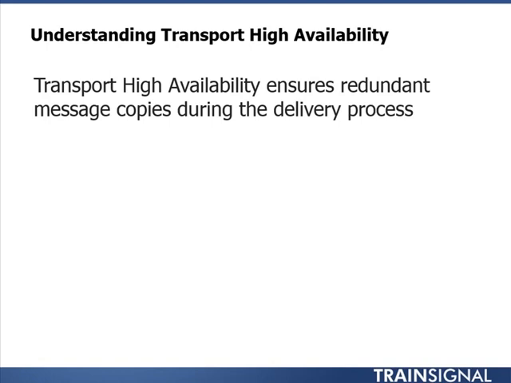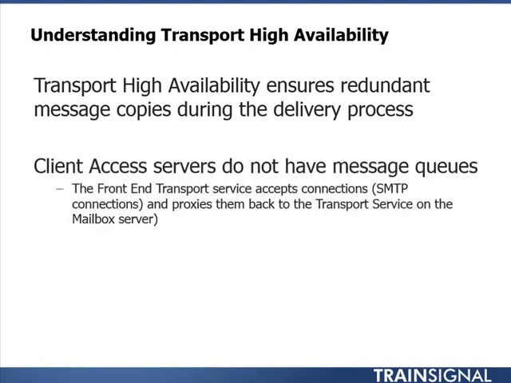So now you might be wondering, okay, so great. What do we have in terms of the front-end transport service? That client access server, what is it doing for us? Well, in all honesty, the client access servers do not have message queues. They accept SMTP connections and they proxy mail that comes in back to the transport service on the mailbox server. And that's where it ends.